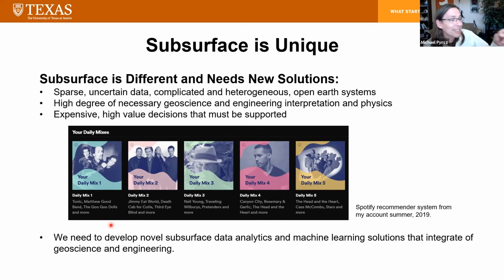Cost of my happiness. That's the quote of the week. I am going to use that. Thank you very much. Personal communication saying. All right. Thank you. That was funny. It would make no sense at all. That's low value. We need to develop novel subsurface data analytics and machine learning solutions because we need to integrate this geoscience knowledge. We need to deal with sparse data and we need to defend our $200 million decisions of where to put a well.